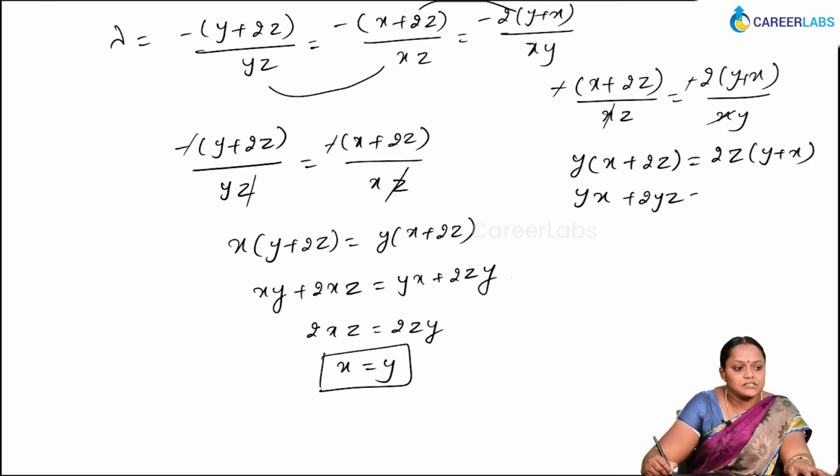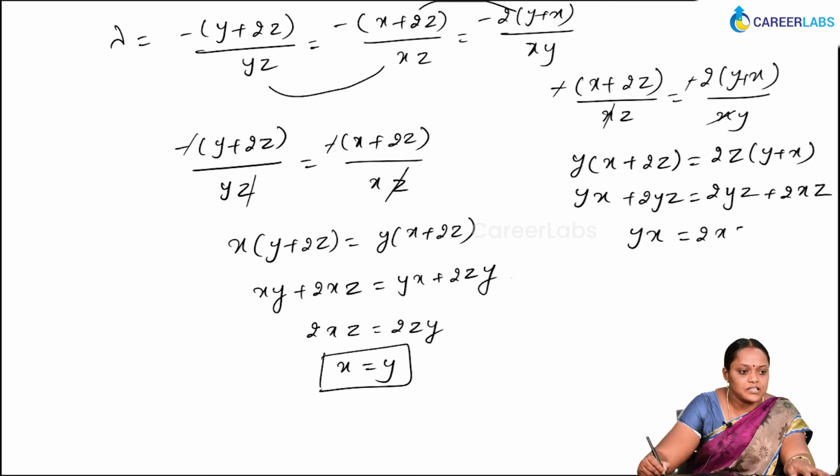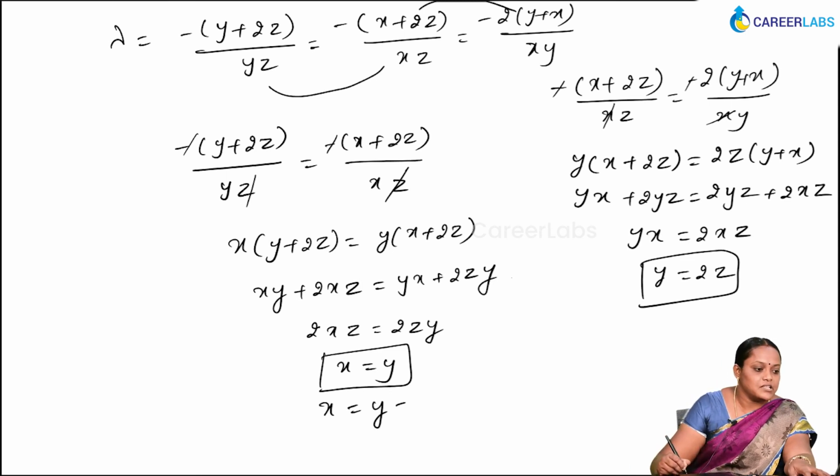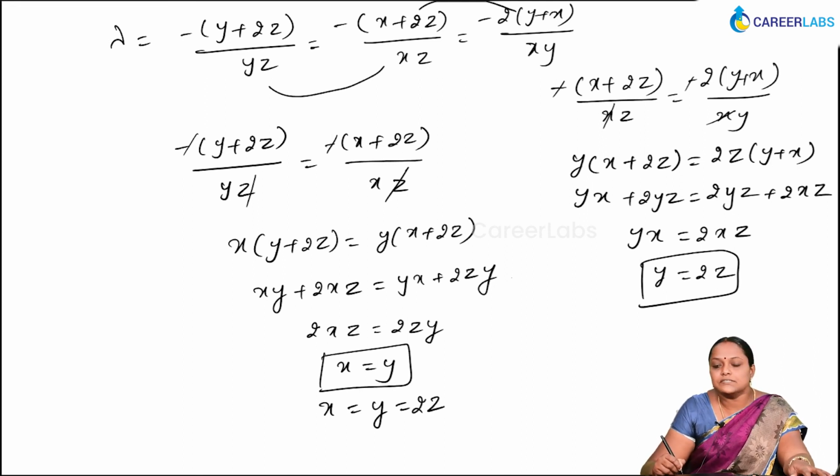When you multiply this, you will get yx plus 2yz is equal to 2yz plus 2xz. Okay, 2yz and 2yz will get cancelled and the remaining will be yx is equal to 2xz and you are going to get it as y is equal to 2z. So, we can easily observe that we have got a relation between all these three, that is x is equal to y is equal to 2z.